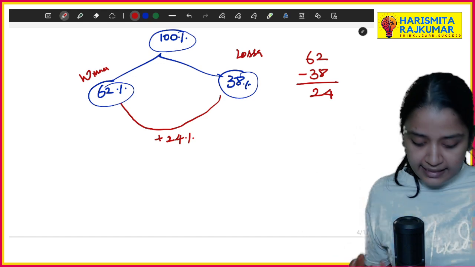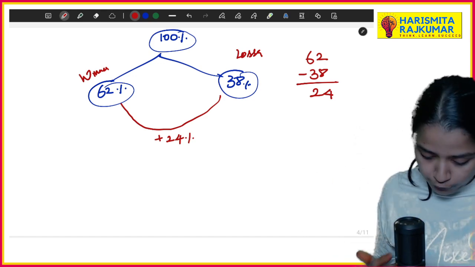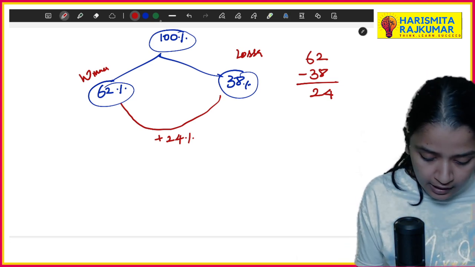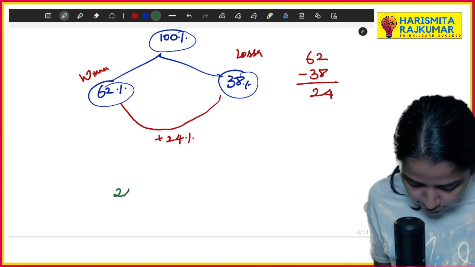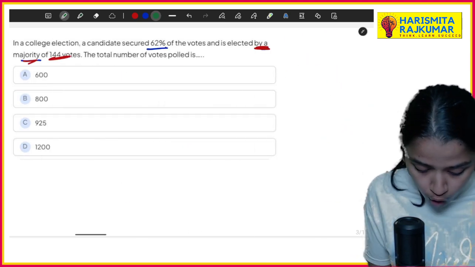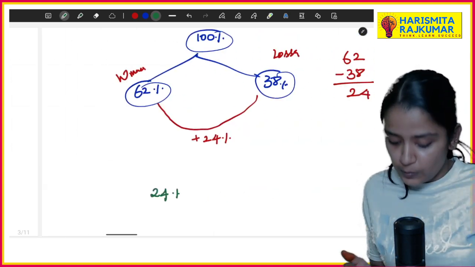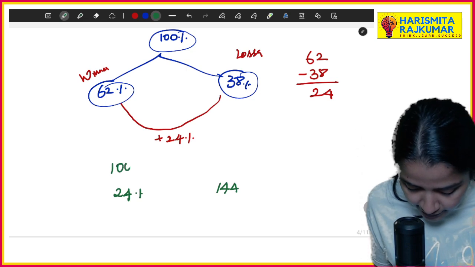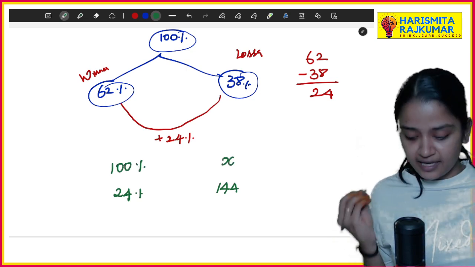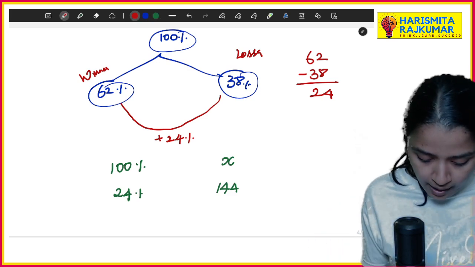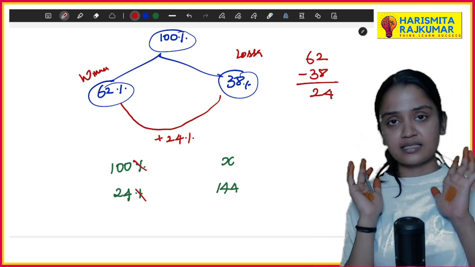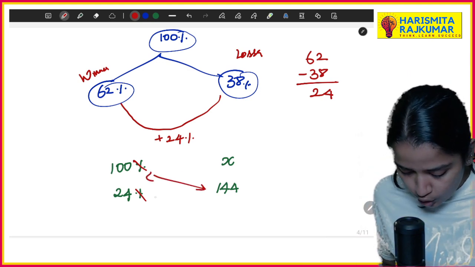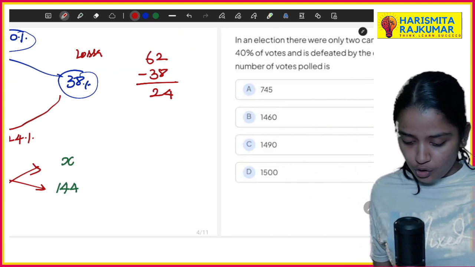Now for 24%, your votes is the difference we got, 144. For 100%, what? That is your x. So the percentage sign gets cancelled, and you have to just cross multiply it. That gives you your answer.